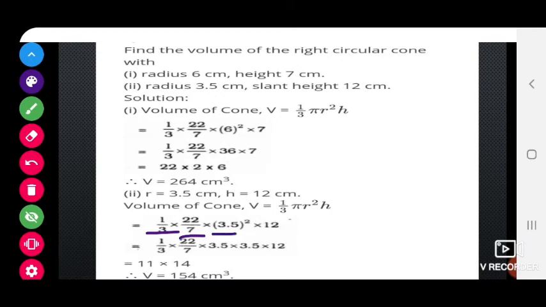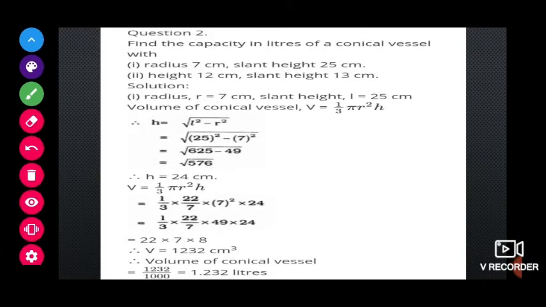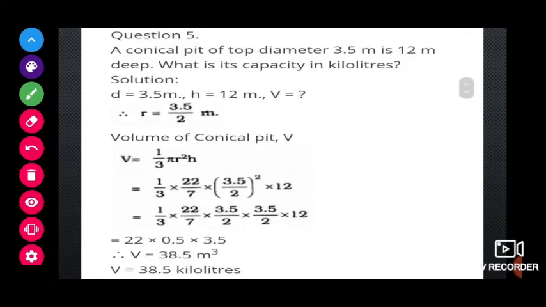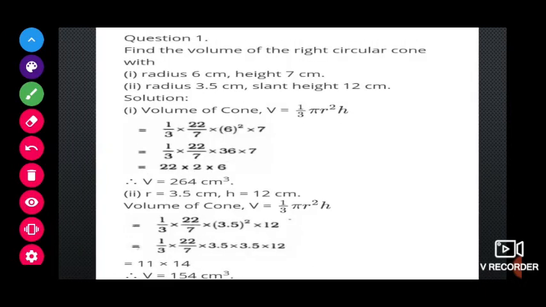So volume of cone is equal to 1/3 pi r square h, that is 1/3 into 22/7 into r square, 3.5 whole square, that is 3.5 into 3.5 into 12. Here 3.5 twos are 7, so 3.5 cancels and 2 cancels, and 11 is there.